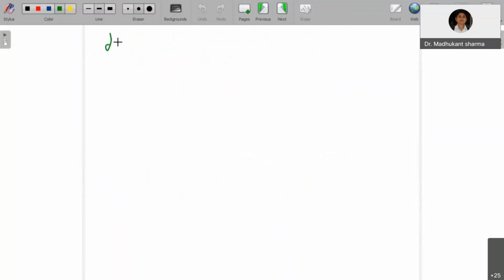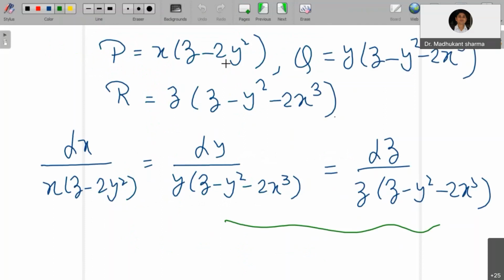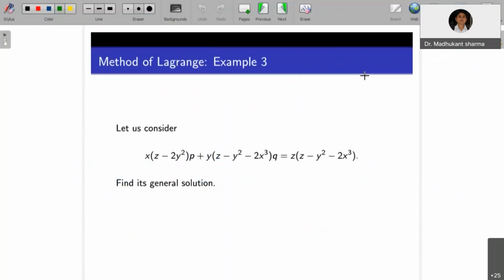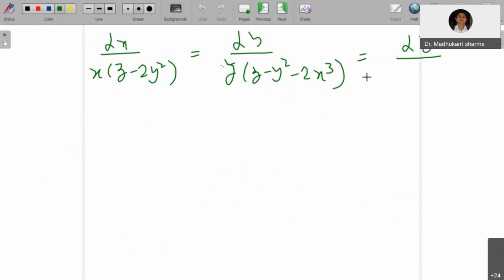So you have dx divided by x into z minus 2y square equals dy divided by y into z minus y square minus 2x cube equals dz divided by z into z minus y square minus 2x cube.